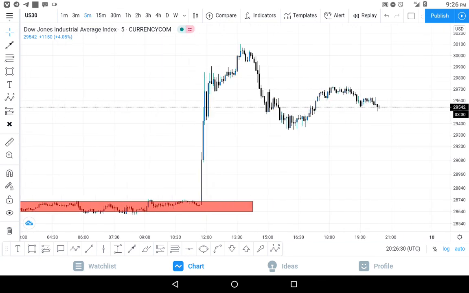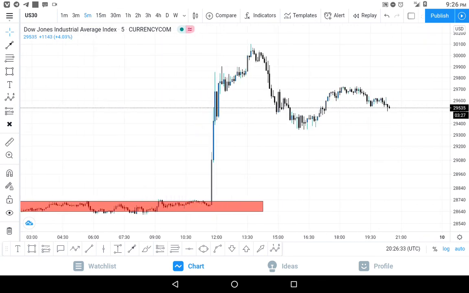Or if you miss the pullback at this point, what do we do? We wait for this candle to close up. What I mean by this candle is closed: if price did not actually close and form a pivot, we use our fib as an entry, and we wait for this candle to close.